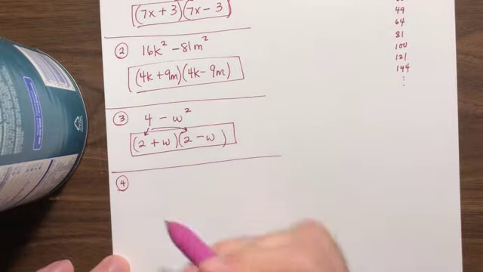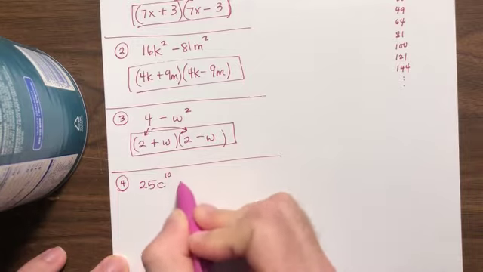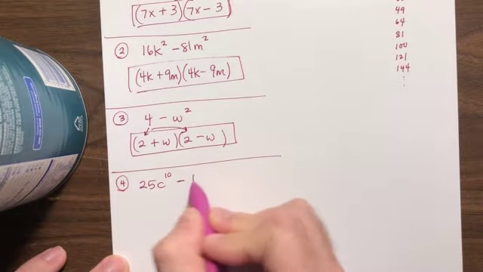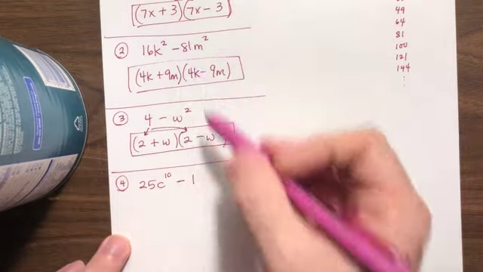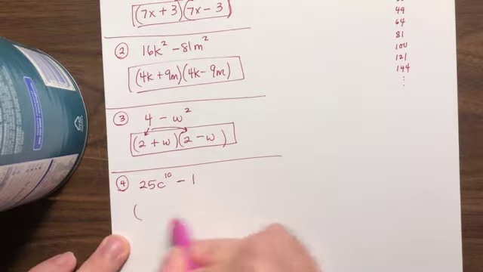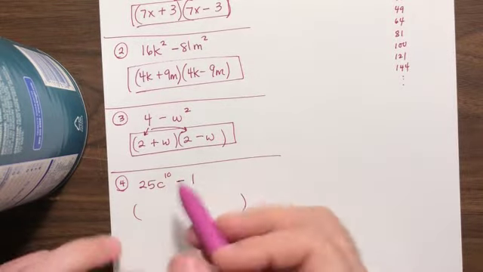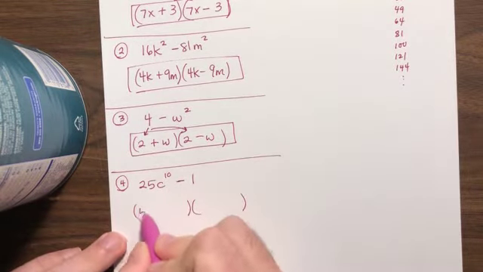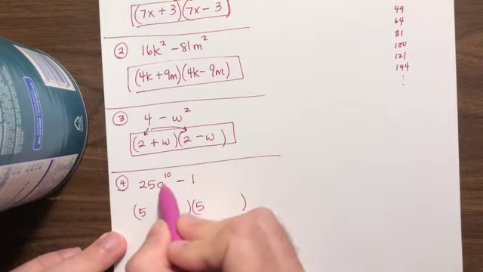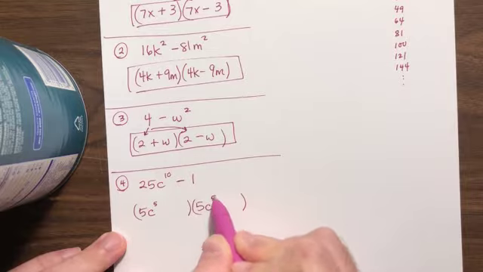Number 4, we're talking about 25 c to the 10th minus 1. So here's a good indication of what happens when the letter is not a square, but it's even. Well, we have to think about what two powers added give me 10. So 25 breaks down into 5 times 5, but c to the 10th breaks down into c to the 5th and c to the 5th.